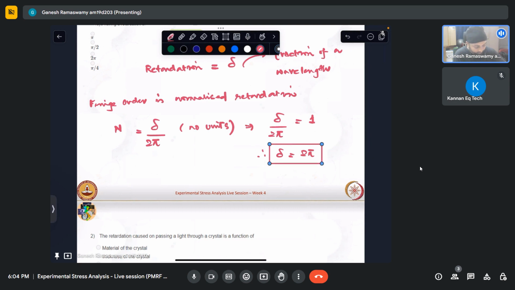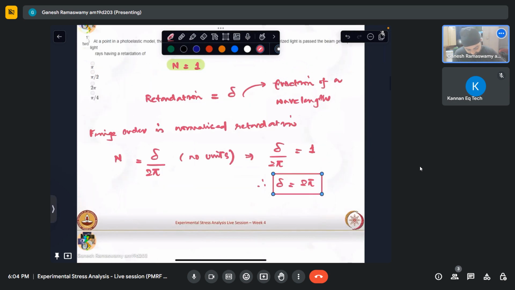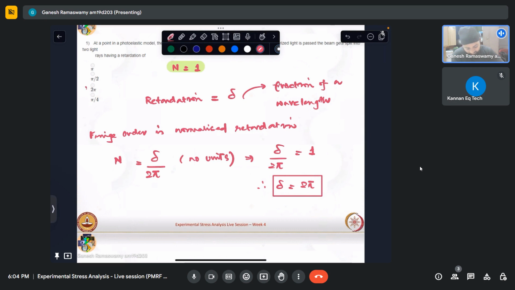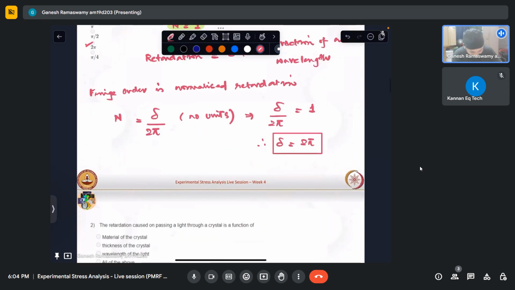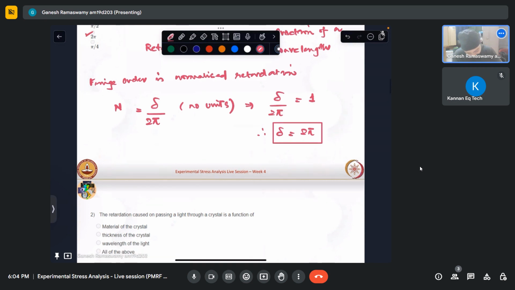So what does this mean? Delta is 2 pi. So this means that the fast axis, or the extraordinary ray I should say, or the faster ray exceeds the slower ray by one wavelength.